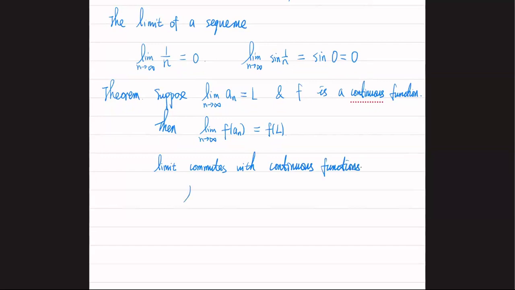That means whether we take the values, then the limit, or we take the limit, then the value, it doesn't matter if the function is continuous.